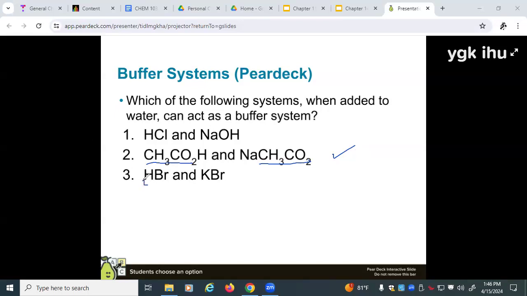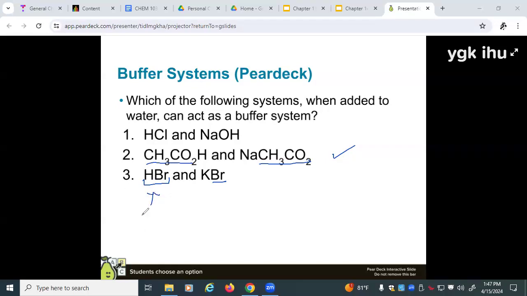Now in the third one, I do have a conjugate system. HBr and Br- are separated from each other by only a hydrogen, so they are conjugates. But they're not a weak acid conjugate system. HBr, hydrobromic acid, is a strong acid, not a weak acid.